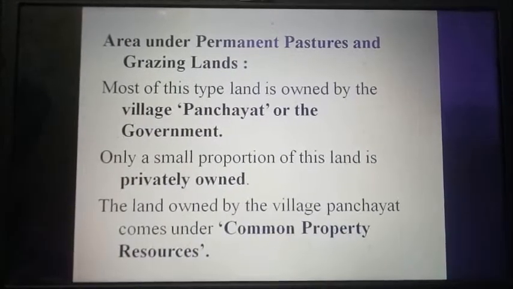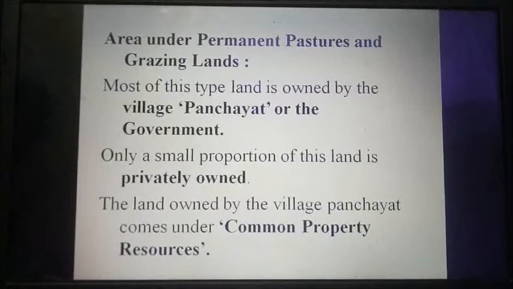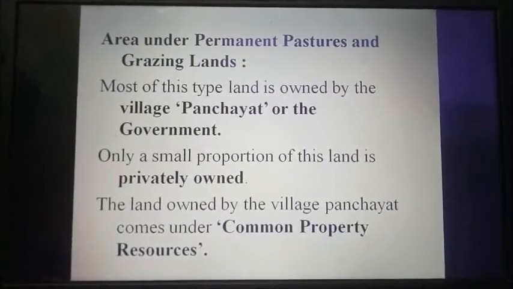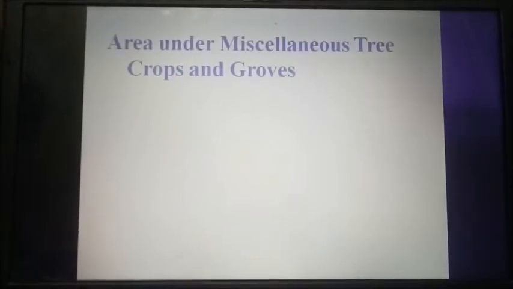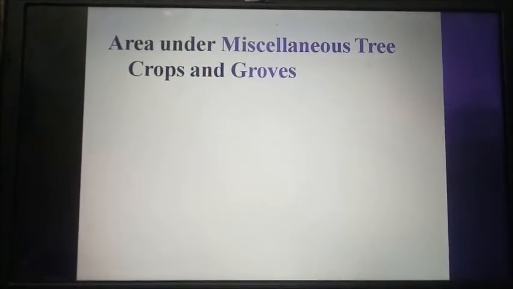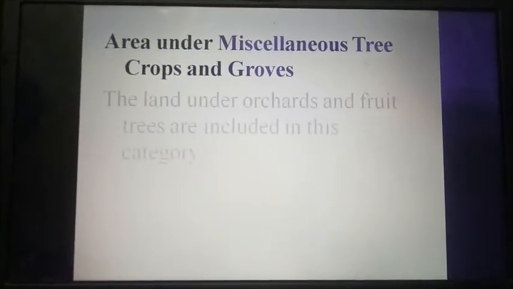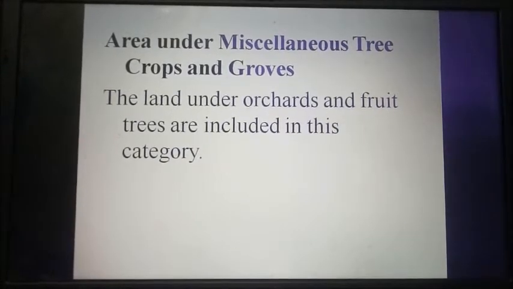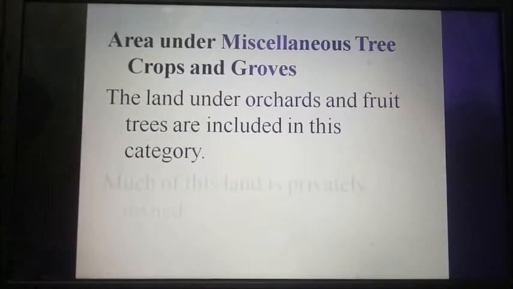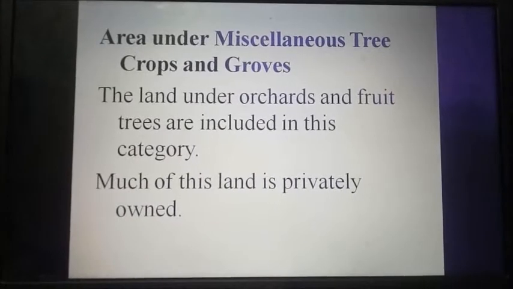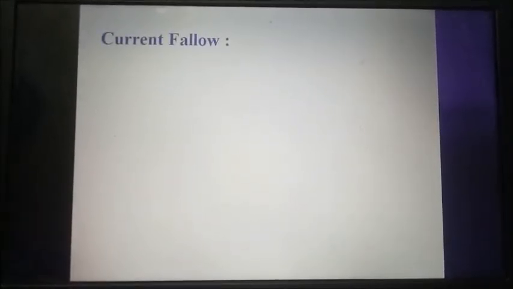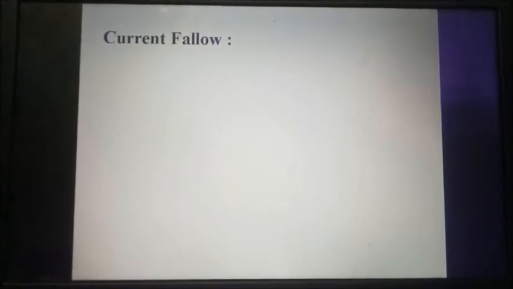The land used by village panchayat comes under common property resources, which we will be studying in detail in the coming chapters. Area under miscellaneous trees, crops and groves: this is actually the fruit trees, the orchards which come under this category, and this is mainly privately owned by the people.